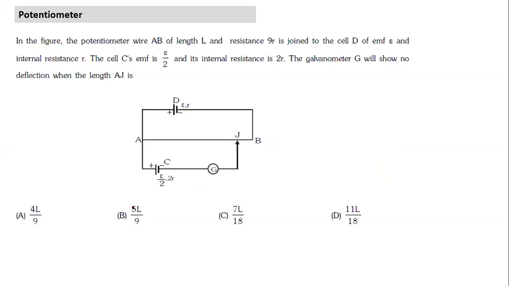Which one is primary, the upper one or the lower one? Upper one. First of all, the balancing length is on that side, and second, the higher potential battery is E, and this is E by 2. The primary circuit has to always be larger. So this, of course, is primary and this is secondary.